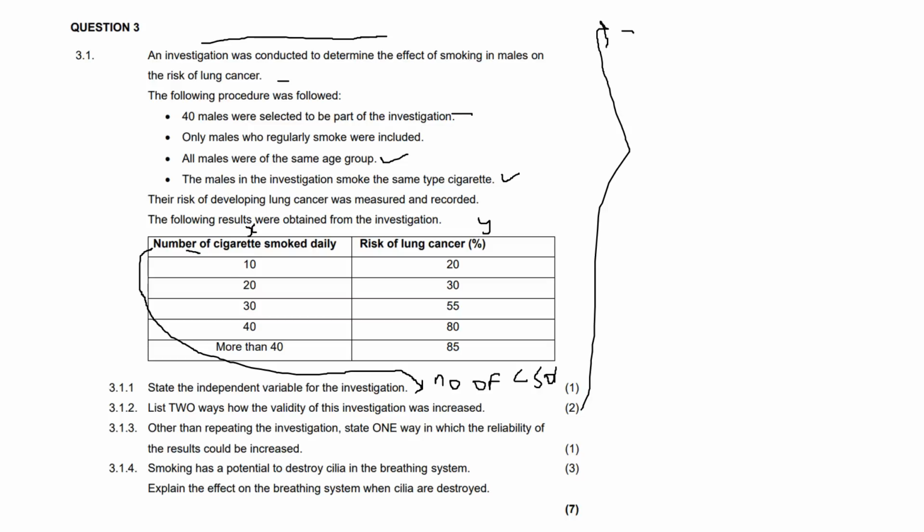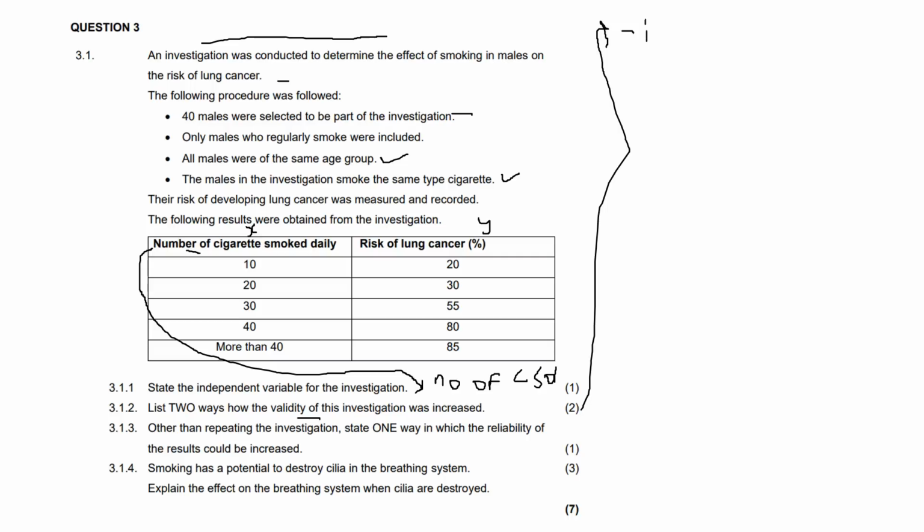So 3.1.3, state two ways in which the validity of the investigation can be increased. You want to show how you can increase the validity of the investigation. You can use any type of thing that you can think of, whether it's physical science or any experiment. We know that all the time you need to make sure we improve.